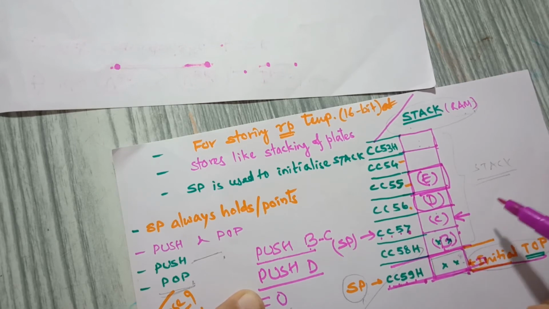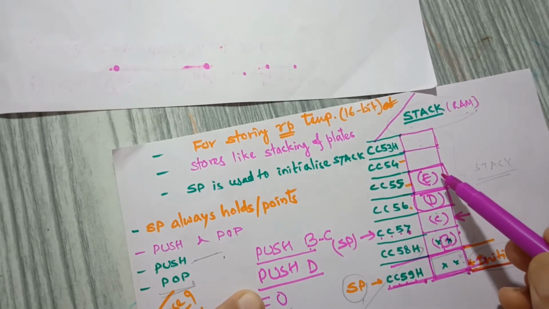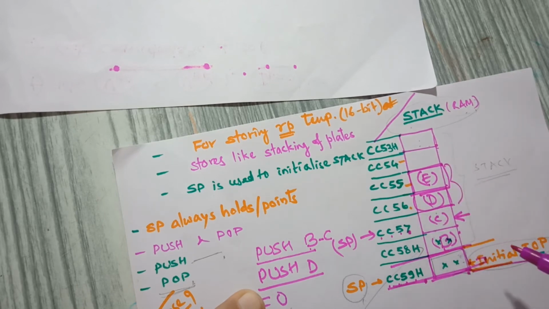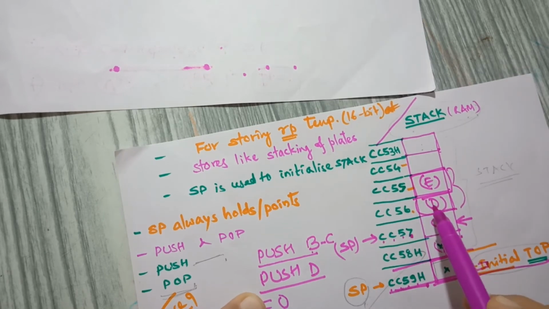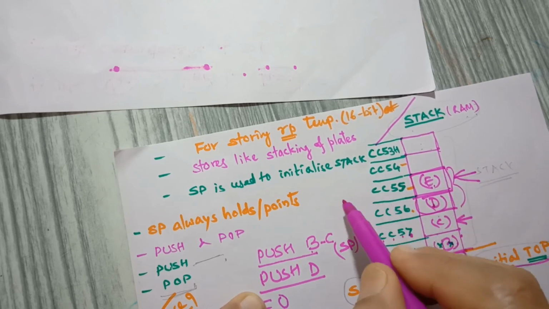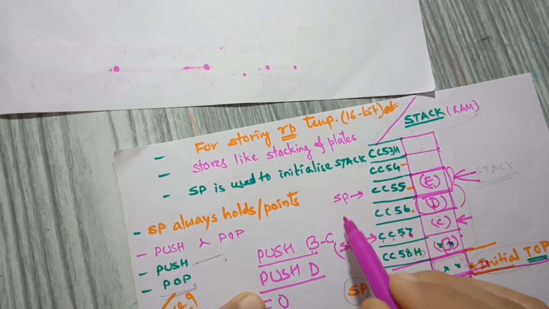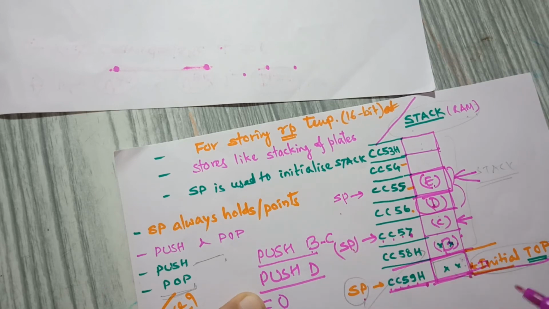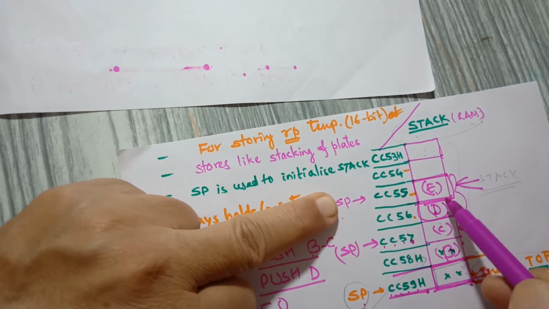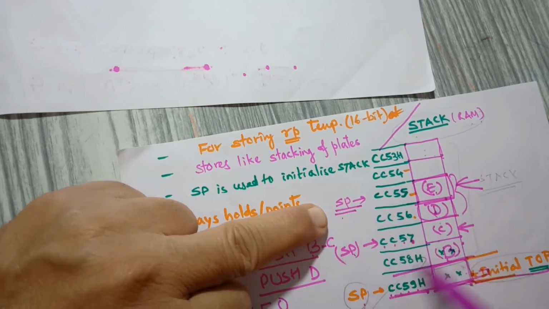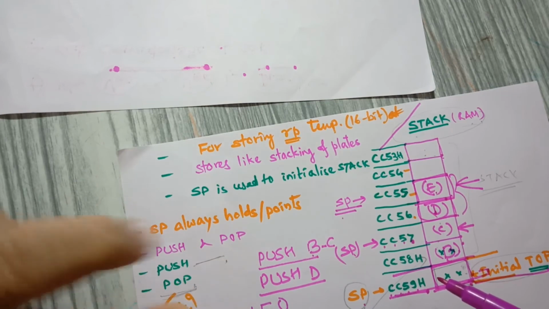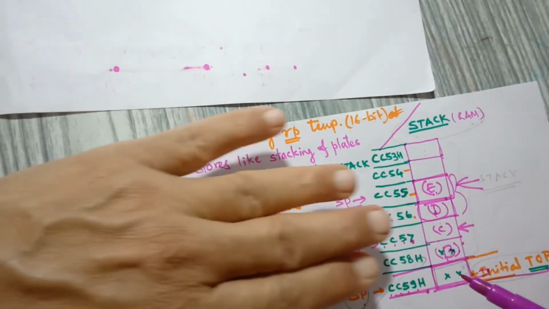Therefore, to store 16-bit register pair contents, we need 2 locations. Now D is pushed, E is pushed, and therefore the top is now this, and SP will point here. So this is the function of the stack pointer. Information is fed up to this level, and this is the top of the stack. Now this is pushing the register pair to the stack.